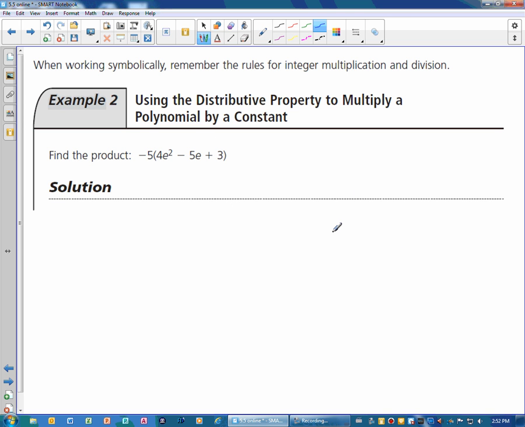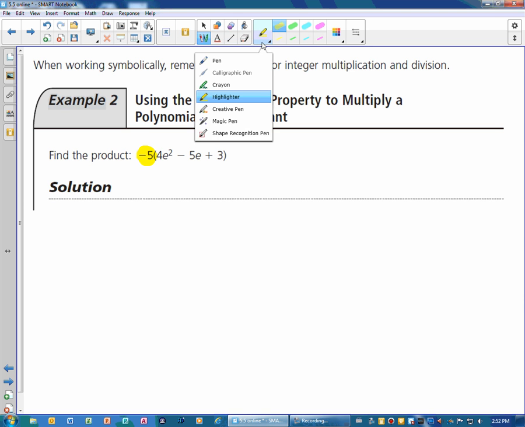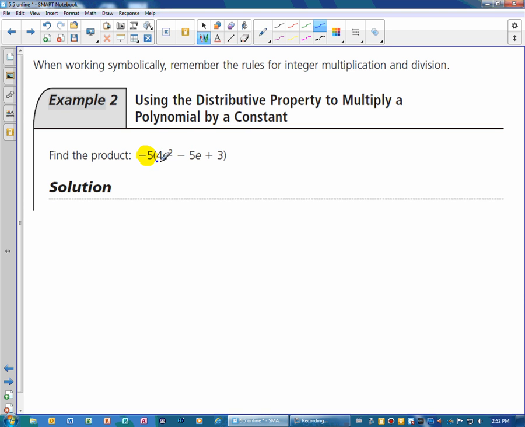So hopefully you've picked up from the previous examples that all we really do is we end up multiplying this number that's in the front by each of the coefficients of our term, okay, because that's what happens. So it's called the distributive property because to distribute means to give it to everybody. So if I was going to distribute pizza in class, it would mean that everyone would get a piece. So the distributive property in math is very, very similar, okay?